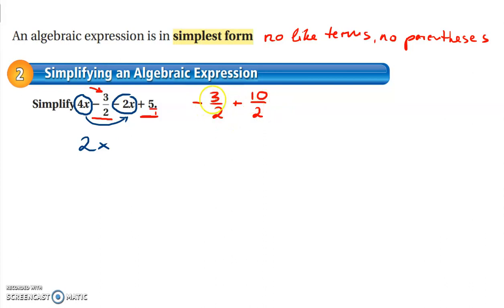Negative 3 plus 10 is the same as 10 minus 3, and that would be 7 over 2. So plus 7 over 2. And since this is a little bit of algebra here, we are going to leave this as an improper fraction. All right, so there we go, our simplified expression.